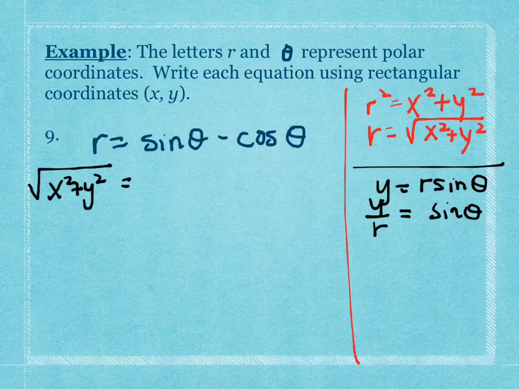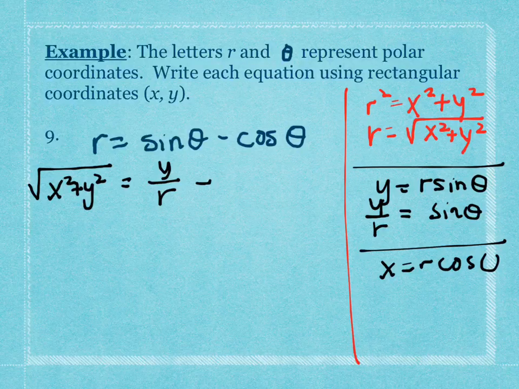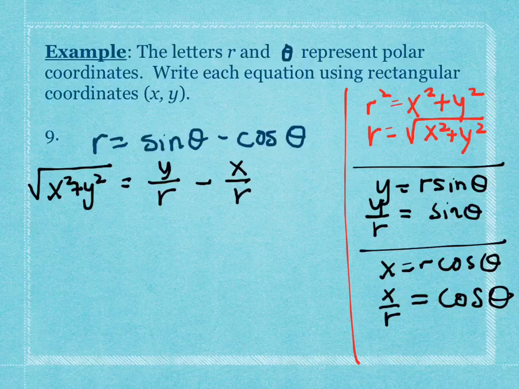Now that isn't exactly what I want because it's still got r in it, but it's okay. We'll deal with that in a minute. I can do the same thing with cosine. So if y equals r sine theta, then x equals r cosine theta, right? So what's cosine of theta? Exactly. So I can write this as x over r.